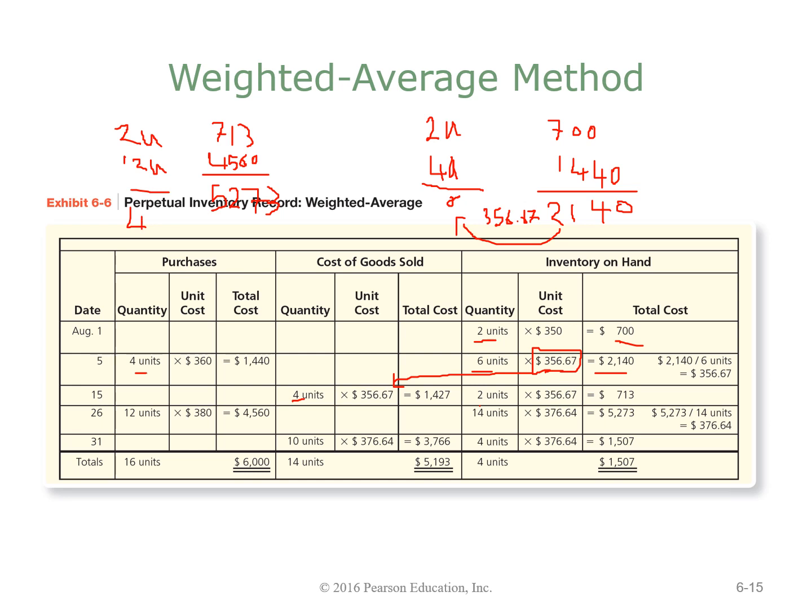Those are 14 units. I will divide them again to get a new average. So at the end, when I sell another 10 units, I will multiply by the new average. Again, the cost of goods sold will be the addition of that, and the ending inventory will be, as you can see here, 1,507, which is what is remaining there.